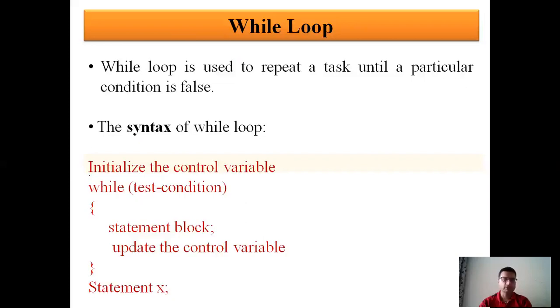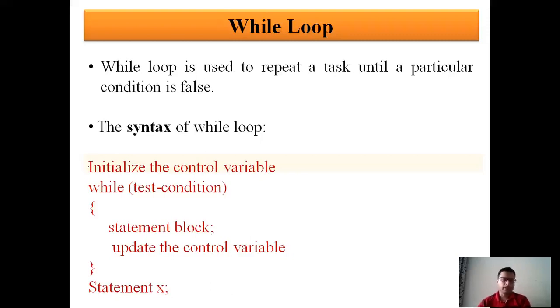What are the components of any looping statement? So we have initialization, where we give the starting value to a control variable, which is also known as counter variable. Then we have a test condition, which is to be tested again and again until it is false.